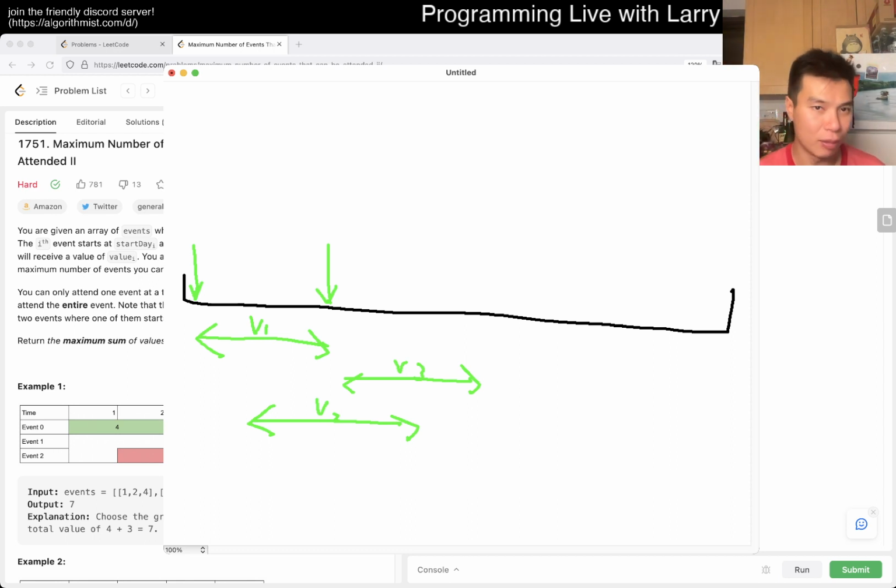And this is actually one of the criteria of dynamic programming in general, this idea of memoryless, though it doesn't really get brought up that much.